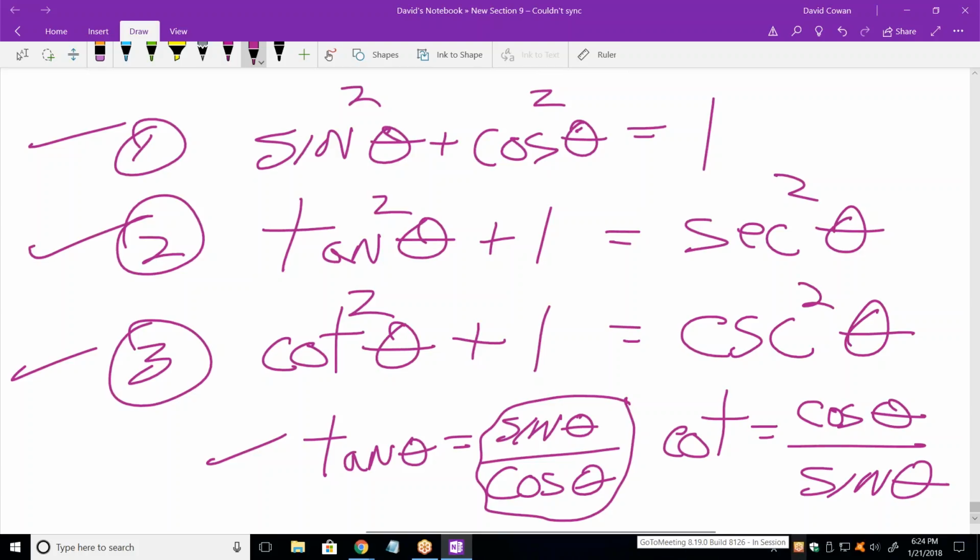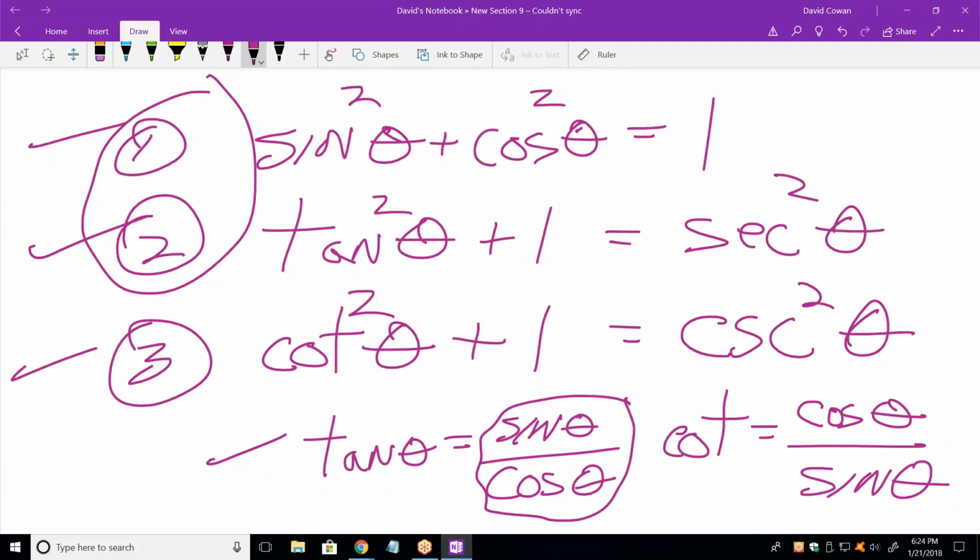So in terms of memorizing these 11 key trig identities that, trust me, you have to memorize at some point, you really only have to memorize 3 reciprocal, these first 2 Pythagorean, and really only 1 quotient.